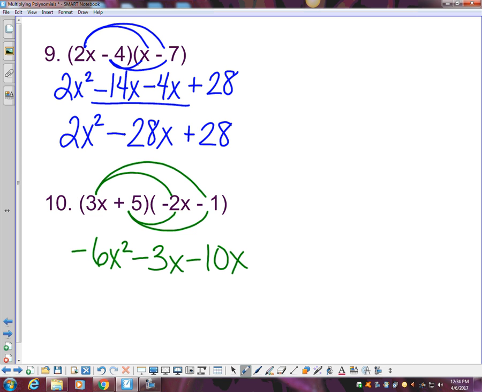Positive 5 times negative 1 is a negative 5. Queen bee, like terms, signs are the same, add and keep the sign. Negative 13x minus 5.